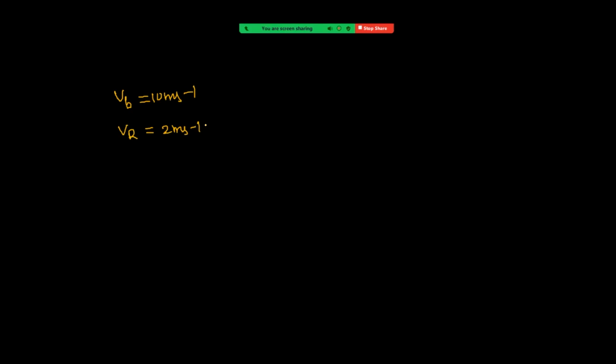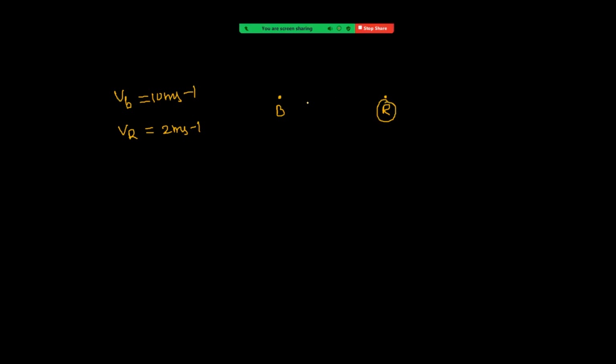And we are given that there is a receiver kept downstream. That means if this is a boat, this is the receiver. Okay, right.